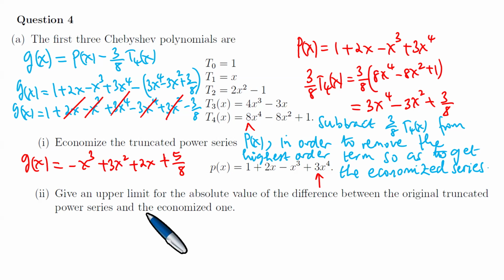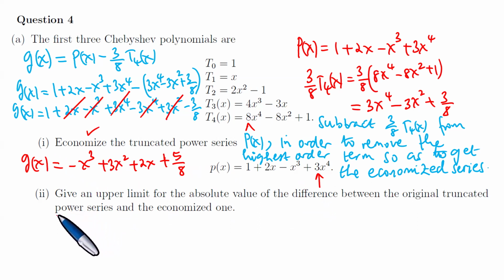This is the answer. So when they say economize the truncated power series, this is the power series given. You need to economize it, and we have economized it. How to economize is to reduce the highest power to make sure that it is potentially cost effective.